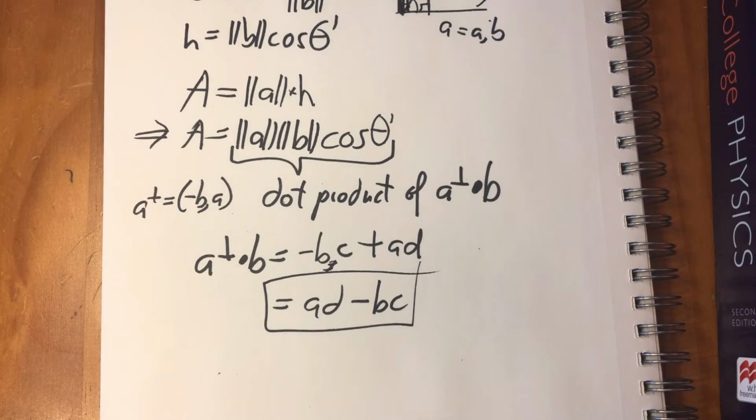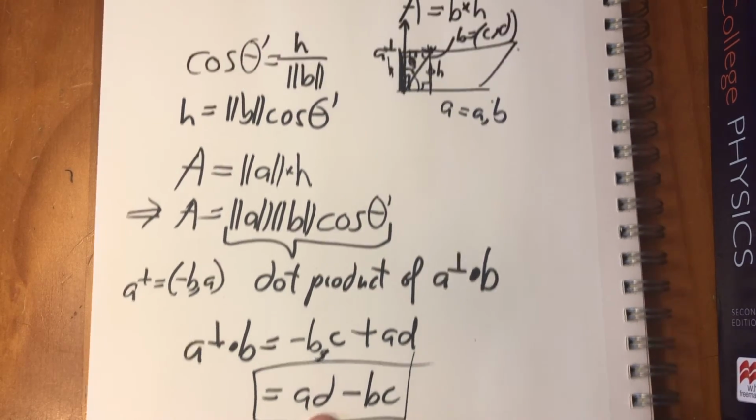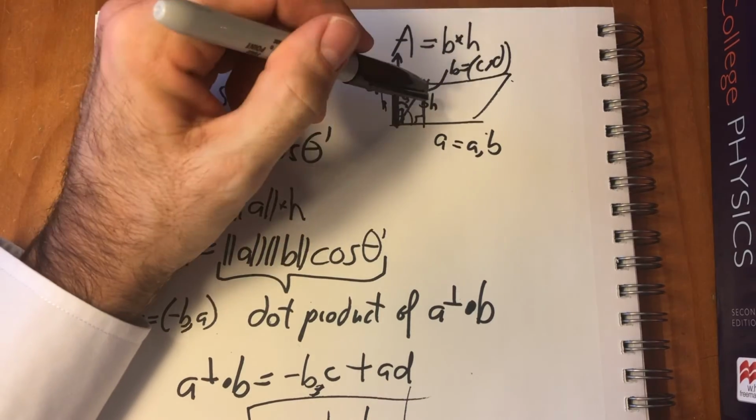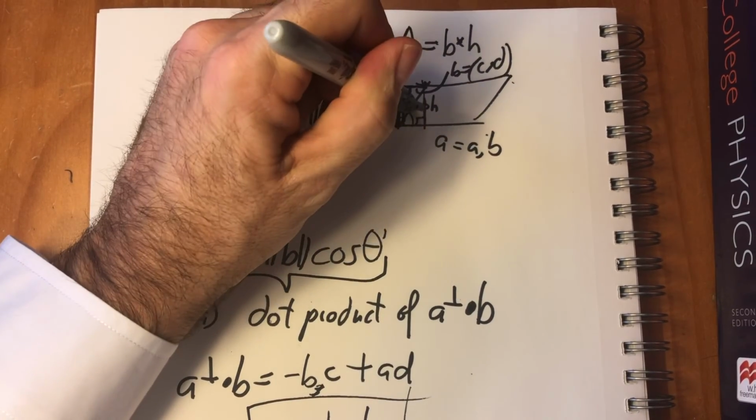So there you go. This is how we define the determinant. And indeed, it will give you the area of the parallelogram.